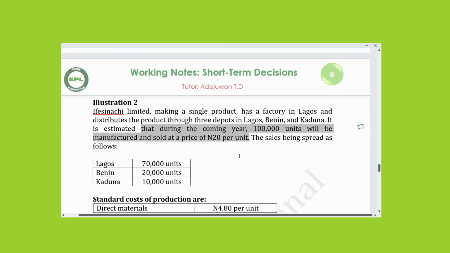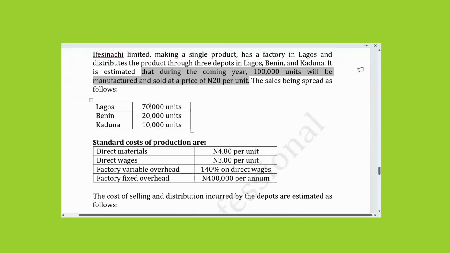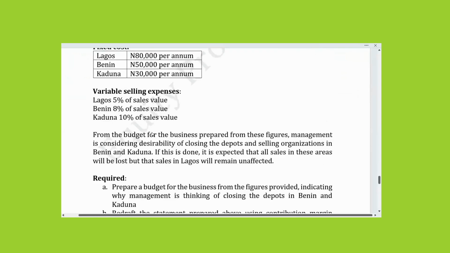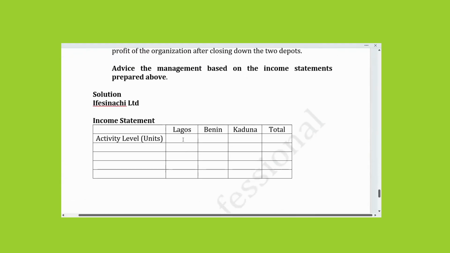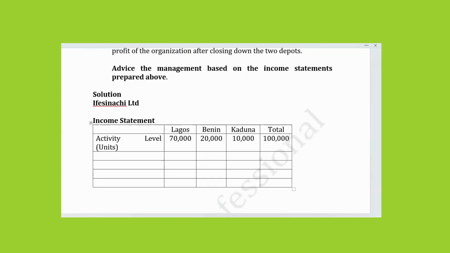The sales will be spread as follows: 70,000 units will be manufactured and sold in Lagos, 20,000 in Benin, then 10,000 in Kaduna. So the activity level in units, Lagos is 70,000, Benin 20,000, Kaduna is 10,000. Total for the company as a whole, 100,000.